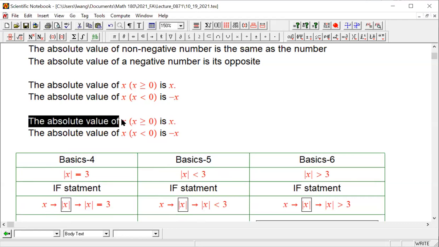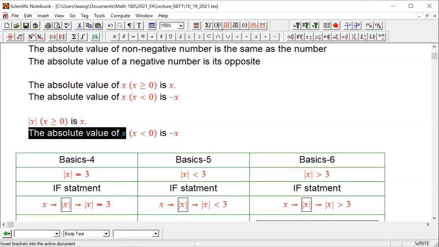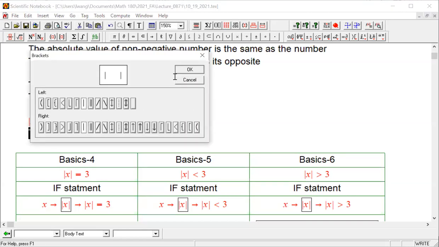The absolute value of x when x is greater than or equal to 0. Okay, the absolute value of x, we use this shorthand notation. When x is greater than or equal to 0, it is positive. It's the same as x. The absolute value of x is expressed using this notation.